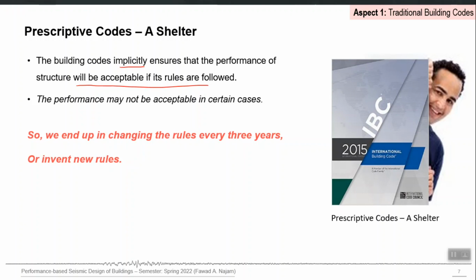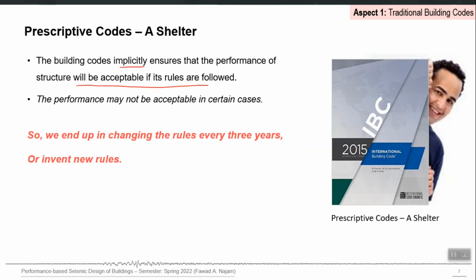So the problem is that even if you comply with building code requirements and provisions, sometimes the building performance is not acceptable, right? So the assumption is that if you follow all these arbitrarily set limitations and rules and everything, you will end up in a good performance, good structural performance.